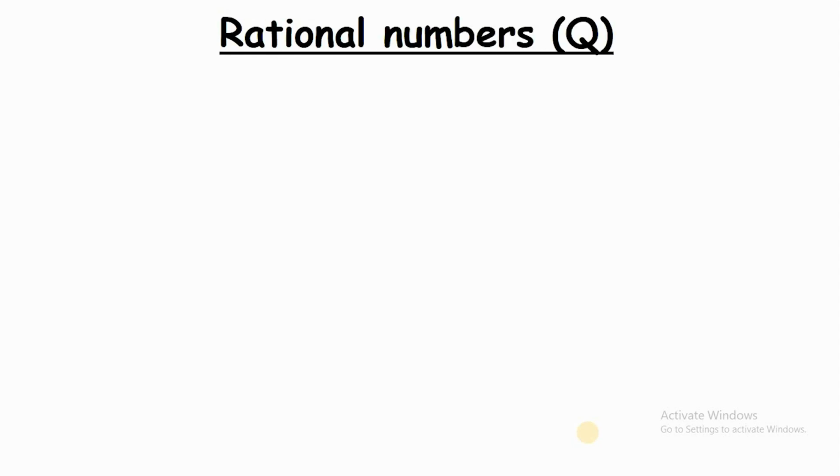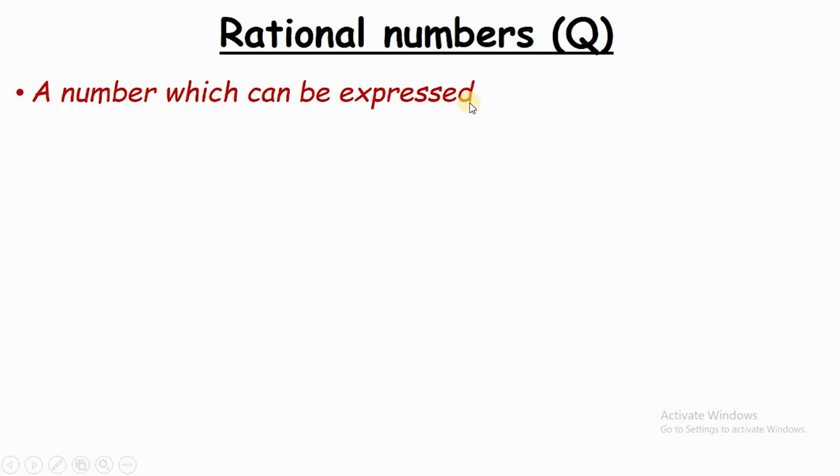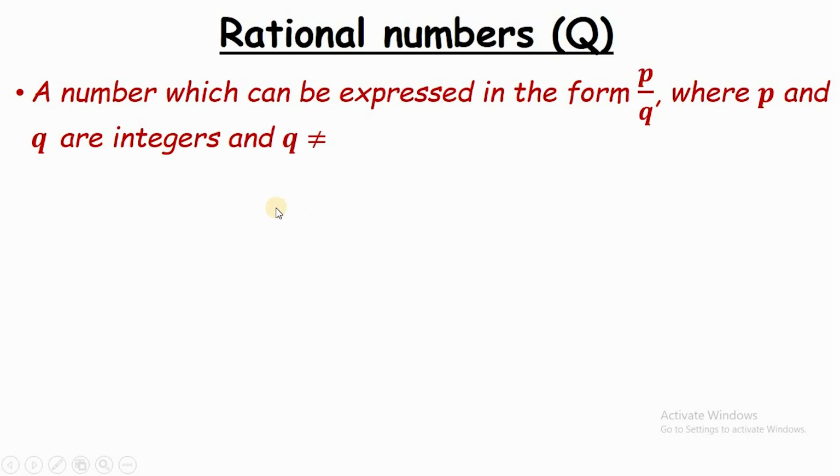So here we'll define the rational number, or recall the rational number that we have learned in class 8. Rational numbers are denoted by a capital letter Q, and we can define it as a number which can be expressed in the form p by q, where p and q are integers and q not equal to 0.